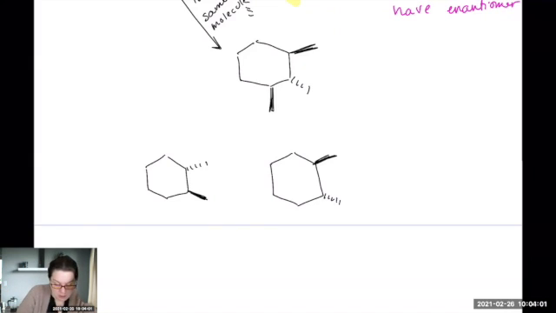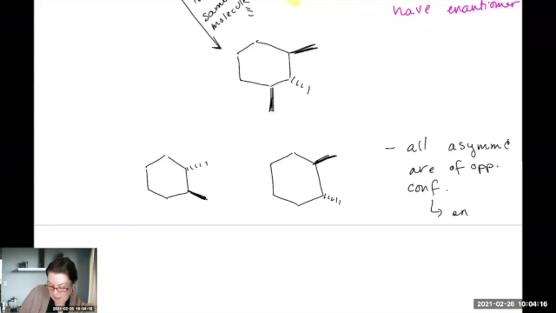All asymmetric carbons are of the opposite configuration. So the question is, are they enantiomers, or the same?